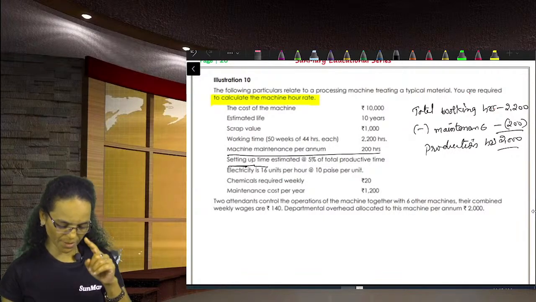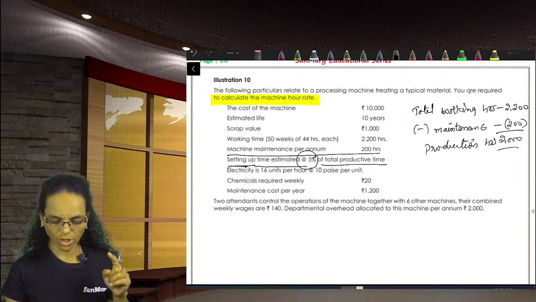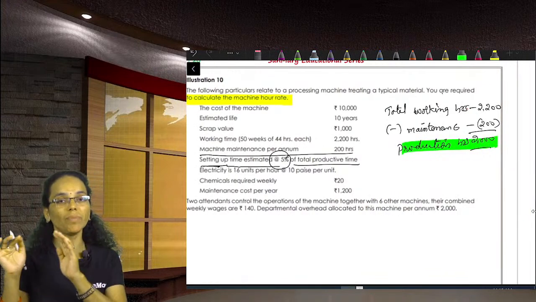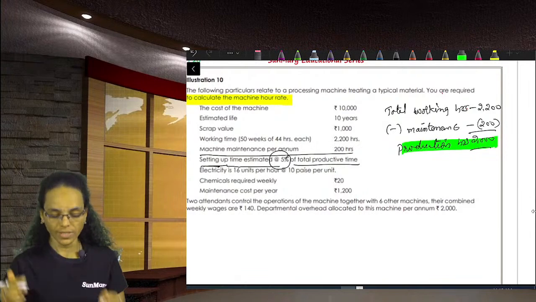Setting up time estimated 5% of the total productive time. What is the total productive time? This one. In this 5% will be required for setting up.